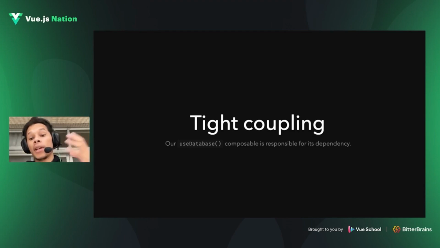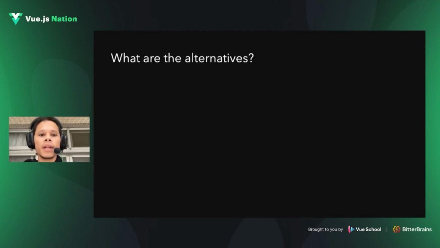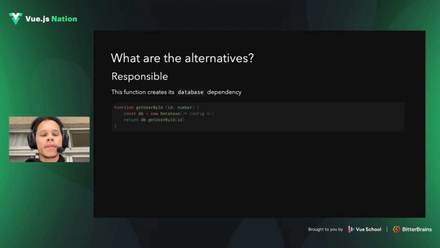Let's look at what would be the alternative to clarify what I'm saying. So what are the alternatives? First we have the scenario which we are currently in, which is the function is responsible for its dependency. Let's look at the example of this function. The getUserById function here is actually responsible for creating the database.